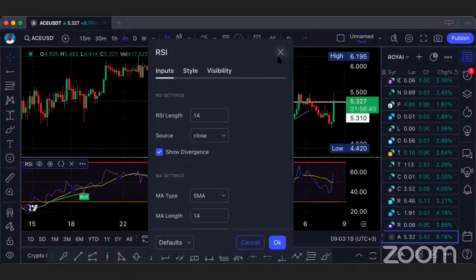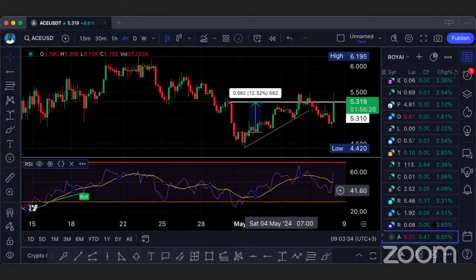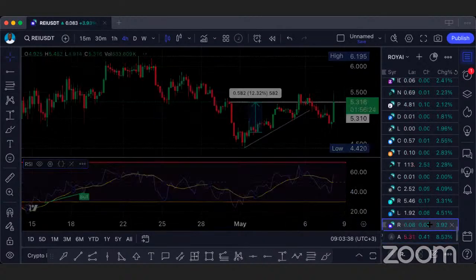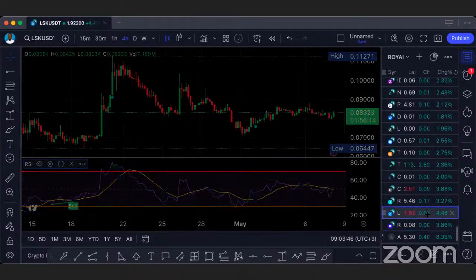Can we see? It will show you the divergences for you. Can we see? It will show you divergences. Whether it's a bearish divergence, it will show it to you. If it's a bullish divergence, it will show it to you. So it will help you if you are not good at drawing the divergence.